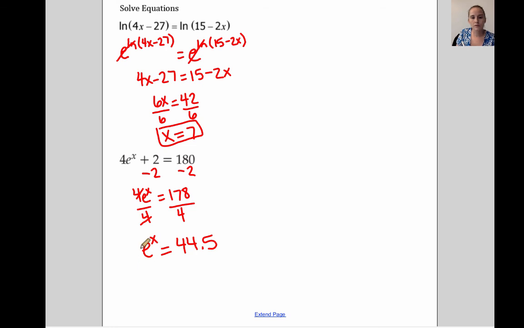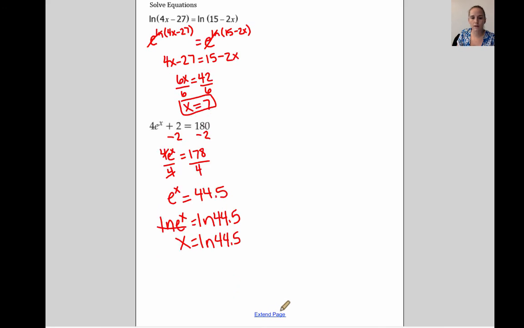So the only way to get rid of a base of e is taking the natural log of both sides. So if I write ln e to the x equals what I did to this side, I have to do to the other side, ln of 44.5. Now that cancels here, and I'm left with x equals ln of 44.5.